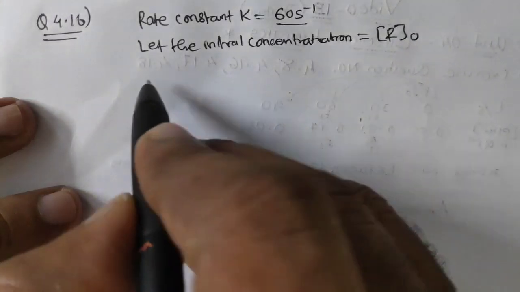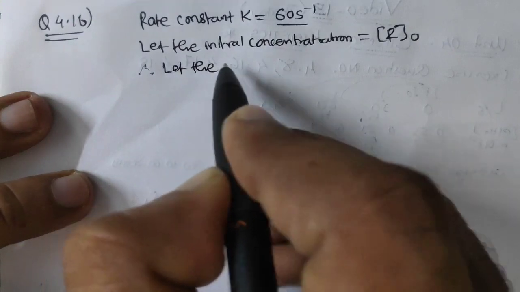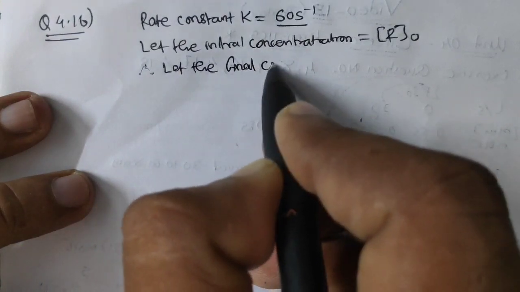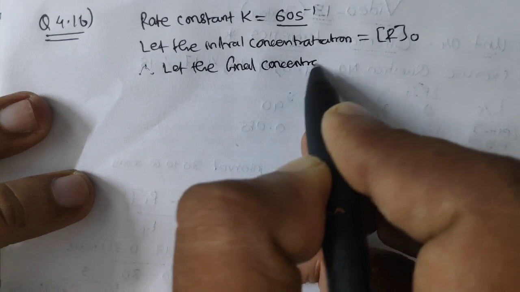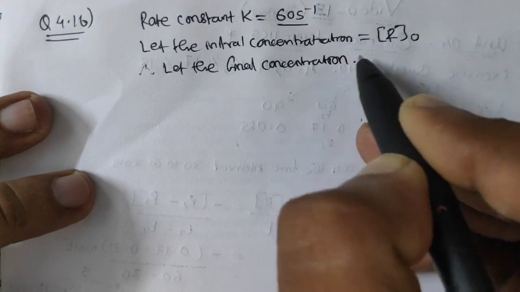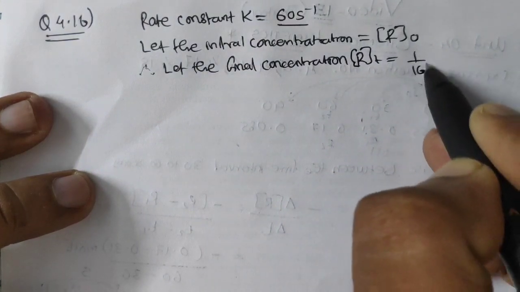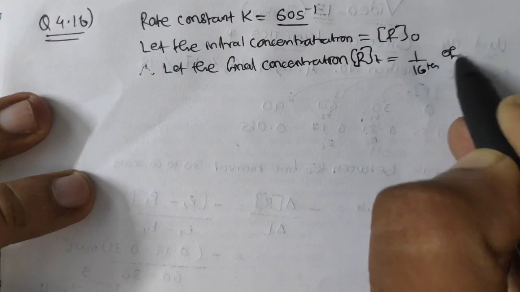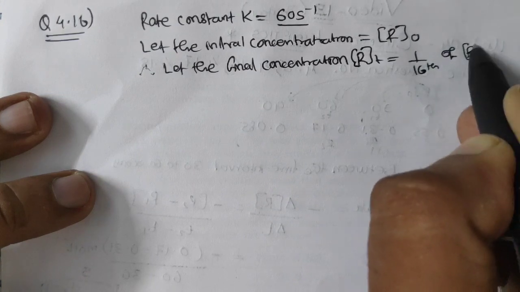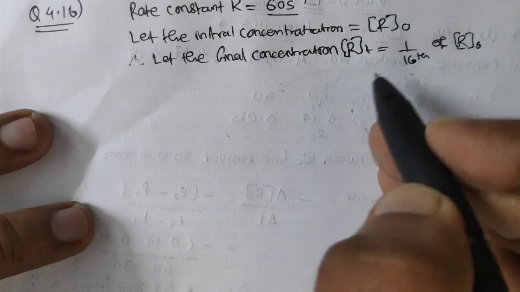So let the final concentration RT be equal to 1/16th of R0. It should become 1/16th of R0, RT, the final concentration.